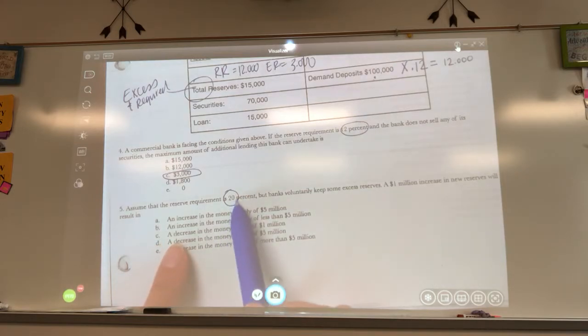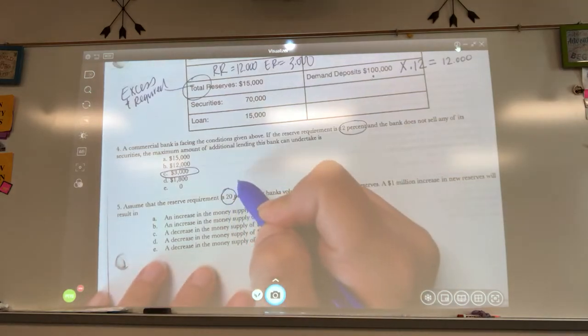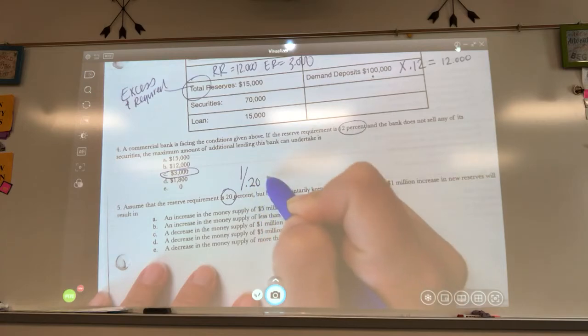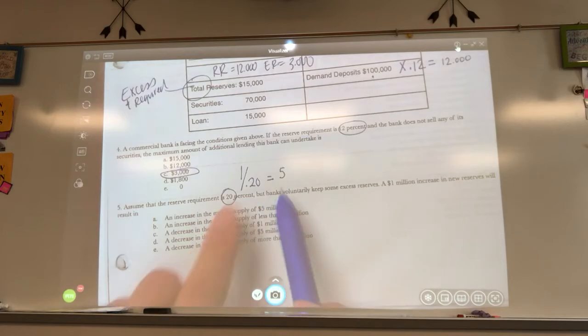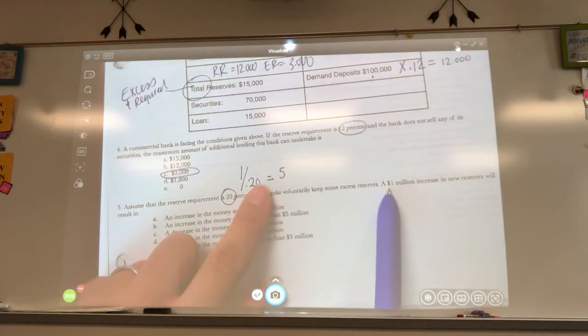So what do I need to do here? Money multiplier. So my money multiplier is, how do I set this up? 1 over 0.20, that gives me 5. Okay.